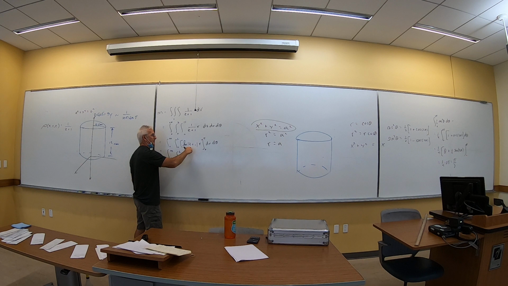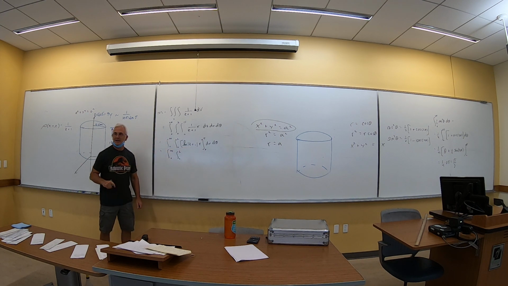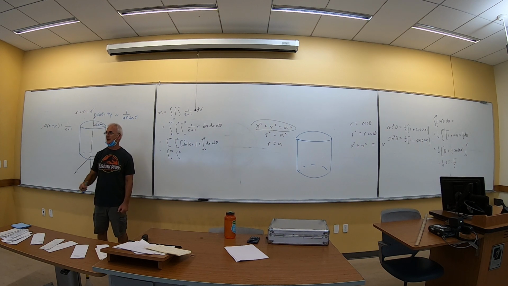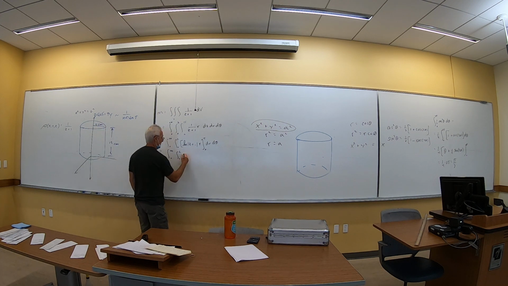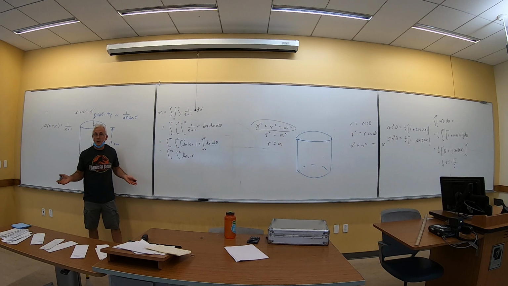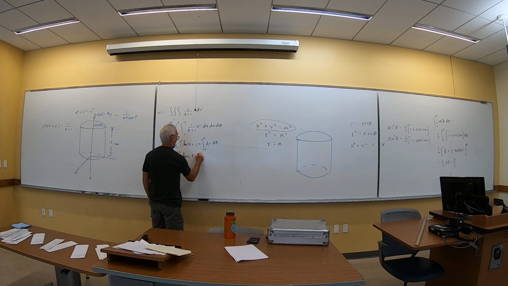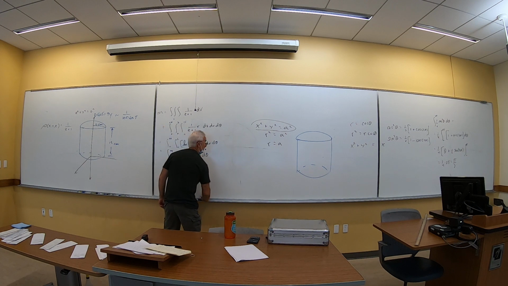When I replace z with 15, I get natural log of 16. When I replace z with 0, I get natural log of 1. What's natural log of 1? 0. I love natural log of 1 showing up in the problem. So this is just log 16 times r. Log 16 is a coefficient. You can pull it out in front of the integral if you want. Okay, dr d theta.